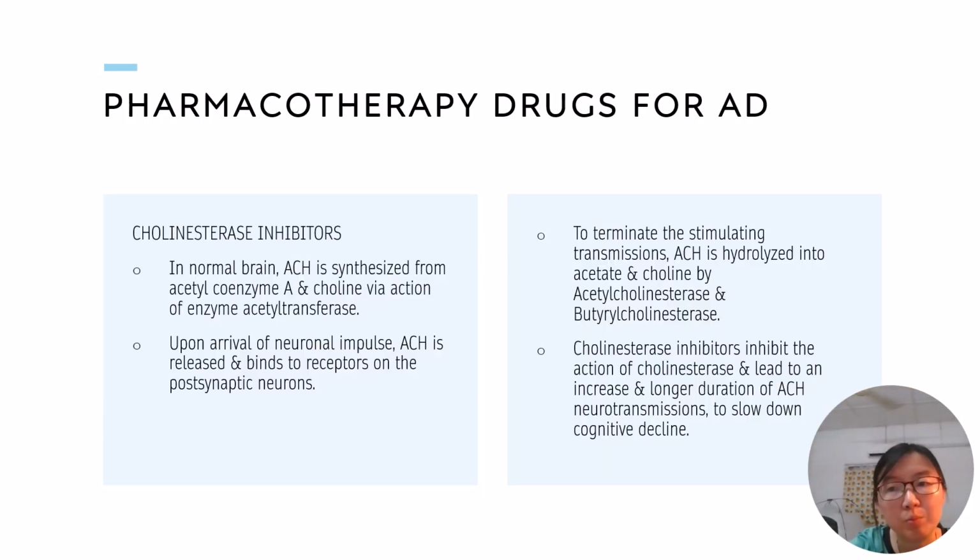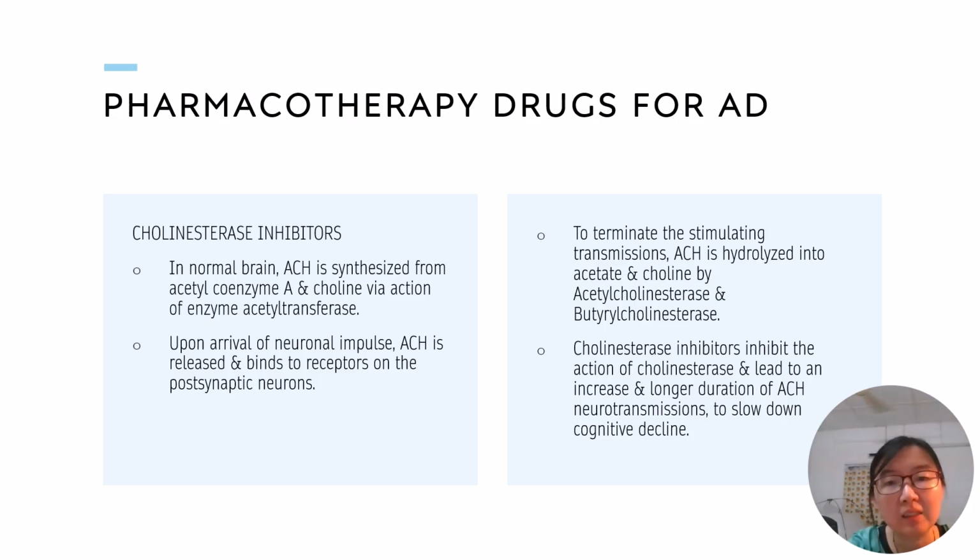Traditional FDA-approved pharmacotherapy drugs for AD only alleviate symptoms but do not stop the cause of the disease. One of them is cholinesterase inhibitors. To understand the mechanism, in normal brains acetylcholine is synthesized via the action of the enzyme acetyltransferase, and upon arrival of a neuronal impulse, acetylcholine is released and binds to the receptors on the postsynaptic neurons.